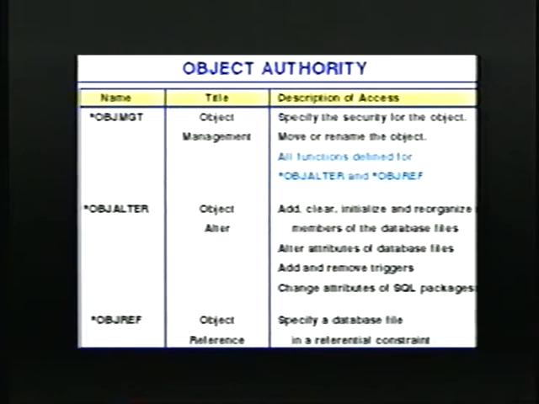If you give a user object alter authority, you no longer have to give them object management authority to clear a file, so they can't change the security of the object. Object reference authority, again, a database-only authority, says whether you can define referential integrity constraints between database objects on the system. So these are the object-level authorities.